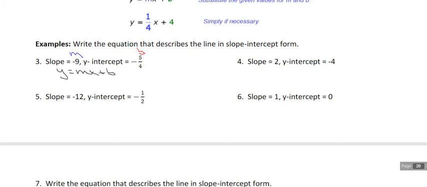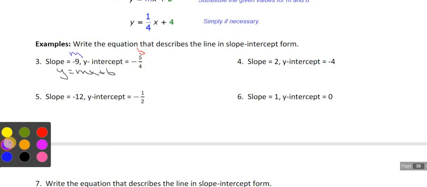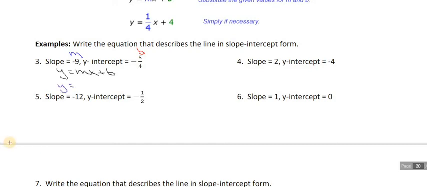And now just simply write your m, your slope, in your m slot, your y-intercept in your b slot. So here's our equation. y equals, m is -9, so -9x. b is -5/4, so -5/4. And that's it.